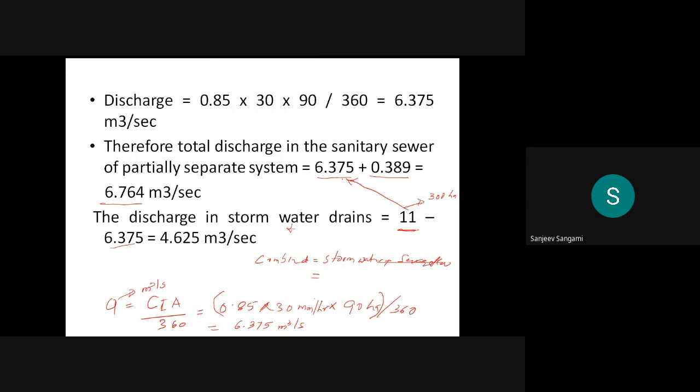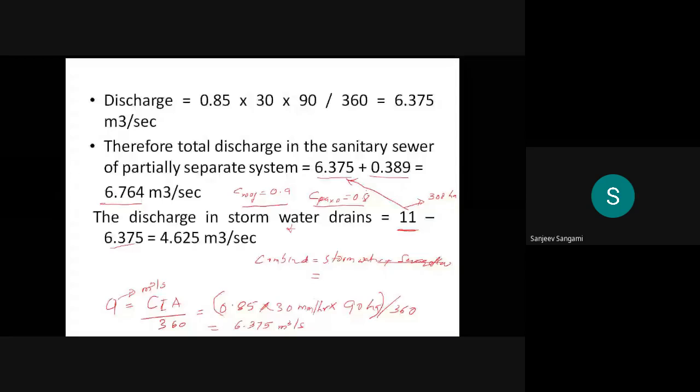If you see the infiltration coefficient of the roofs and paved, C of roof is 0.9 and C of pave is 0.8. It means the highest rainfall runoff will come from these areas.